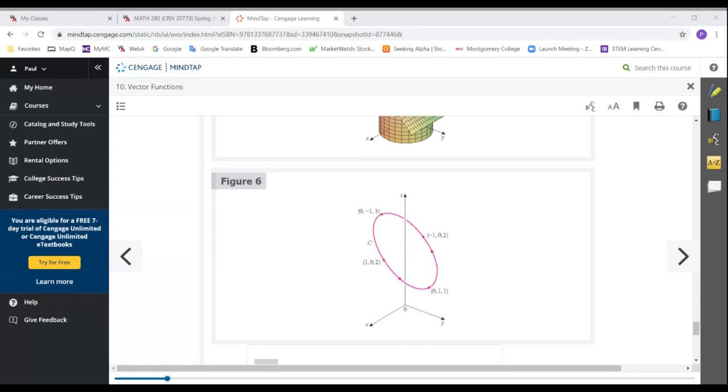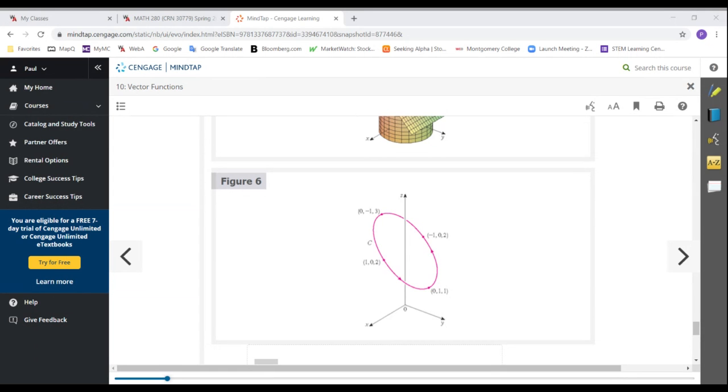Since the space curve lies on the cylinder, the x and y components of the space curve have to obey the equation x squared plus y squared equals 1.